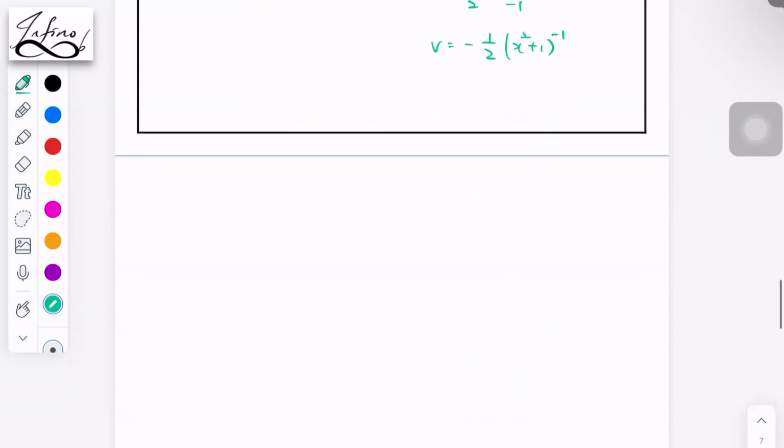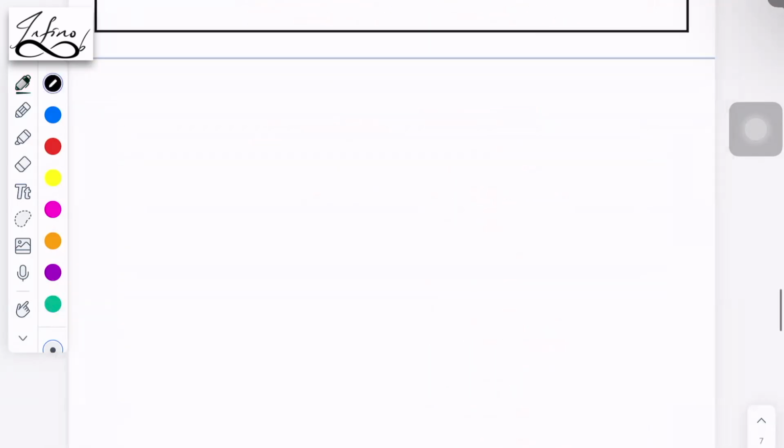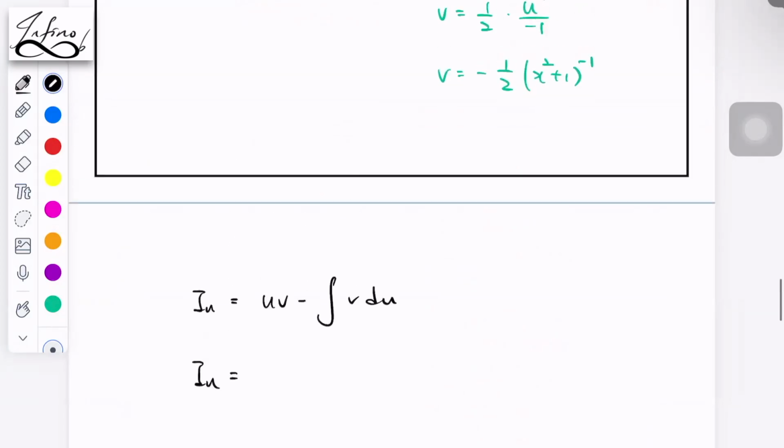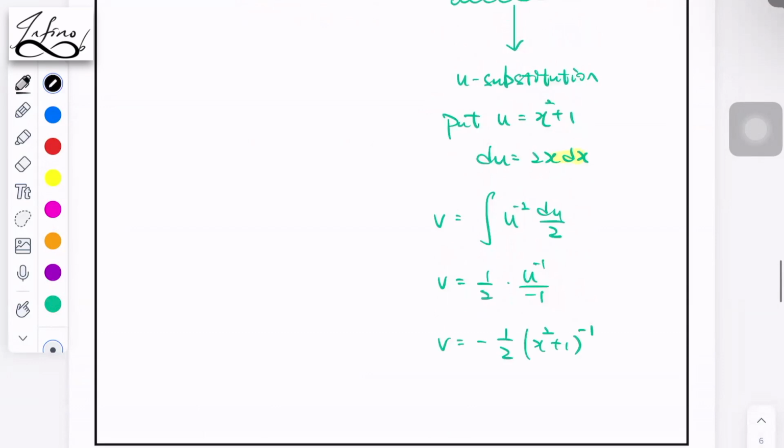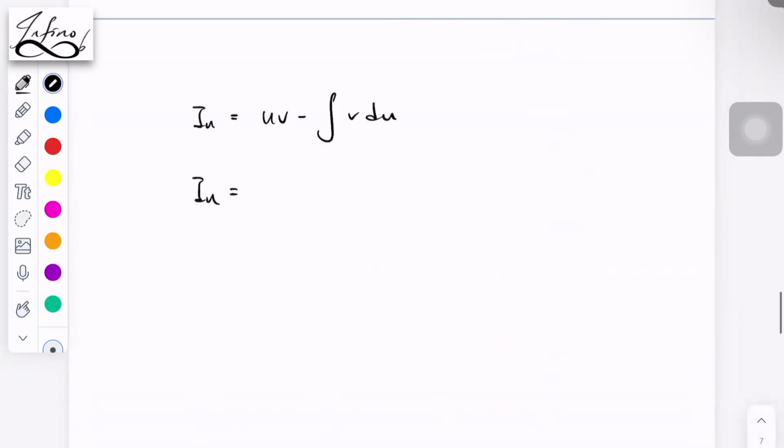And then the next step is that we can apply the integration by parts formula. So I write it here: I_n, standard integration by parts, uv minus the integral of v du. And that's why I_n is, what is the u? The u is x^(n-1), times the v, which is negative 1 over 2, times (x squared plus 1) to the power of negative 1.